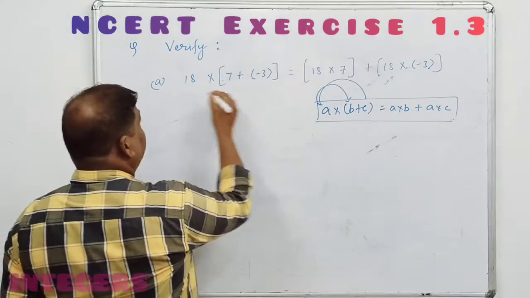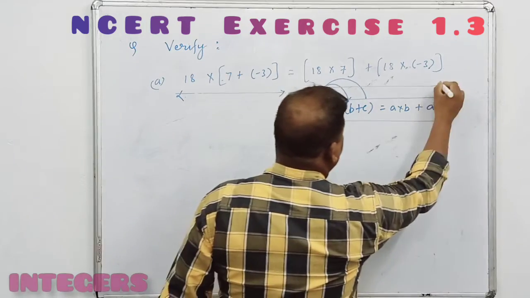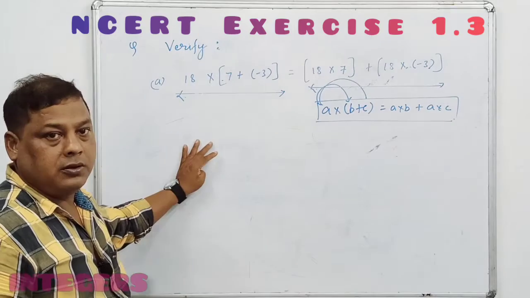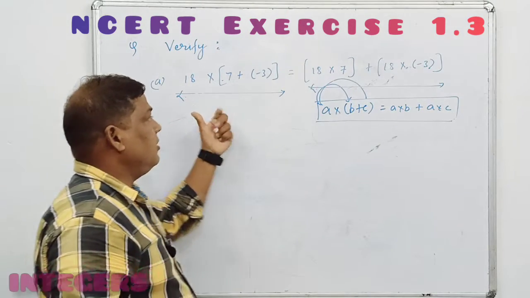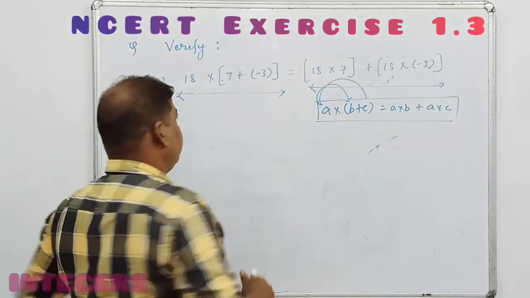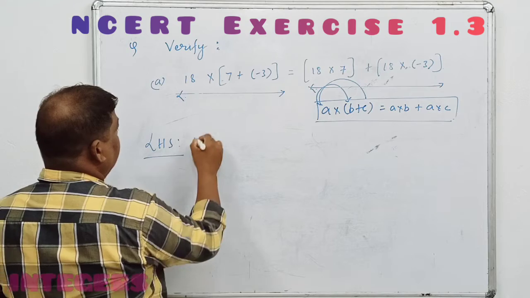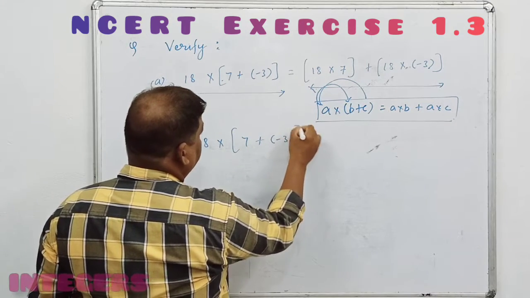Now we can verify the LHS and the RHS, whether these two sides are equal. First we check the LHS, thereafter the RHS. On the left hand side, it is given 18 into 7 minus 3.